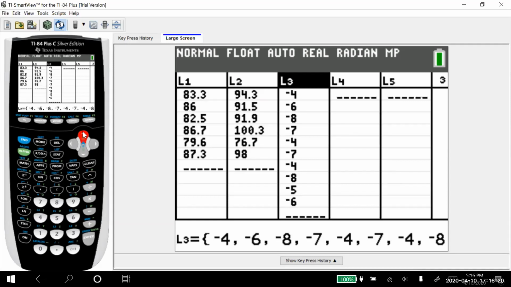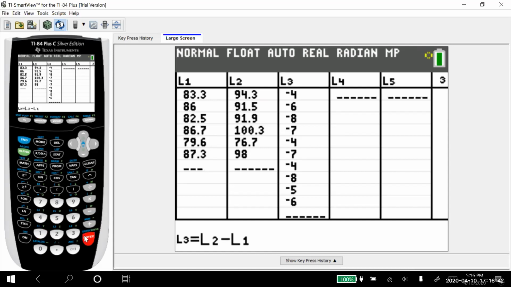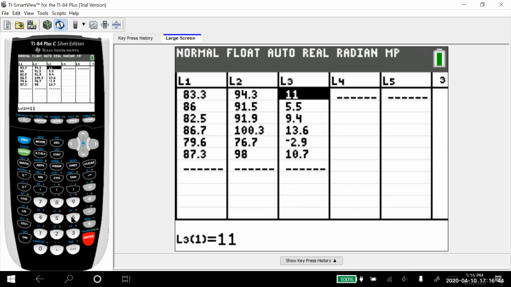So you can do it that way, just make sure your inequality is facing the right way. So I go back to list 3. I have to re-put it up there because it just put in the numbers. So I have to go in and actually put L2 minus L1. Notice it's not doing a calculation. So I go second L2 minus second L1, and then I get a new column of numbers.